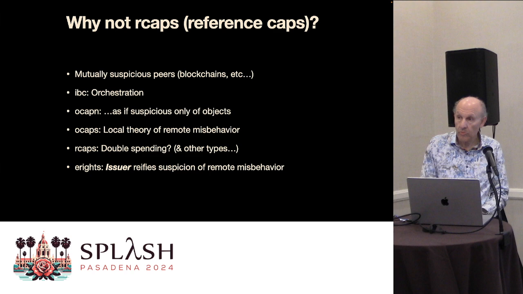The premise already in the multi-blockchain ecosystem held together with protocols like IBC is that the blockchains are mutually suspicious.